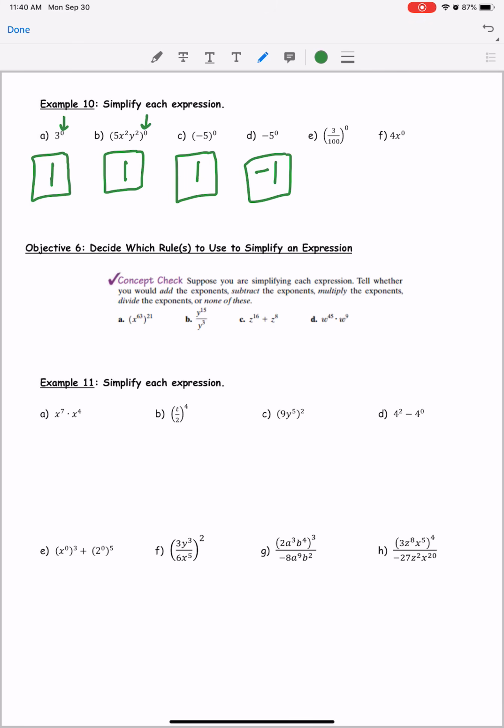Why is that? Because this is not in parentheses, it means that 0 exponent is only going here to the 5. So 5 to the 0 power is 1, but then that negative has got to come down, so you get negative 1. E, you've got some fraction in parentheses to the 0 power. That means 1.